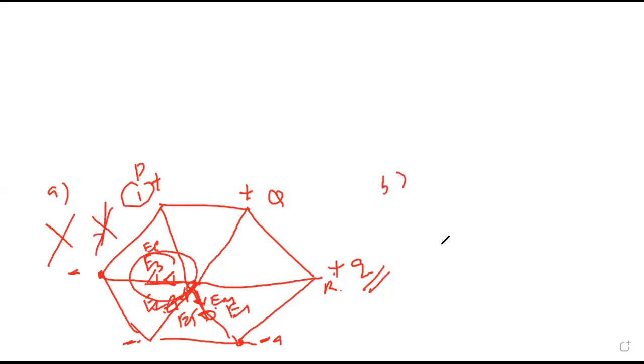Now B, they are telling plus minus plus minus plus minus. Positive outward, negative inward, this one.